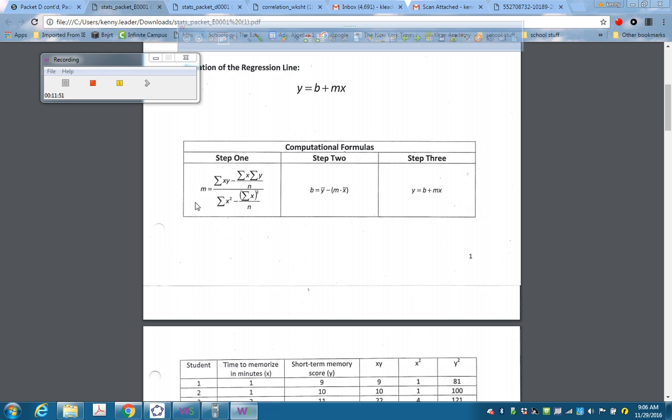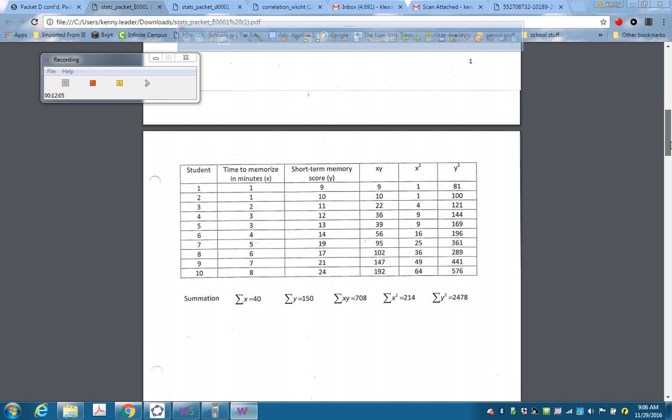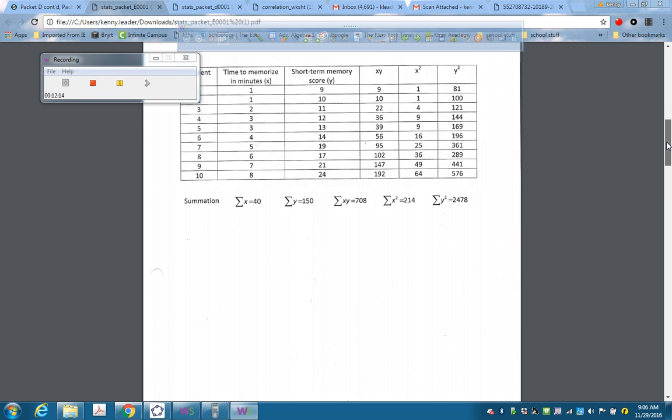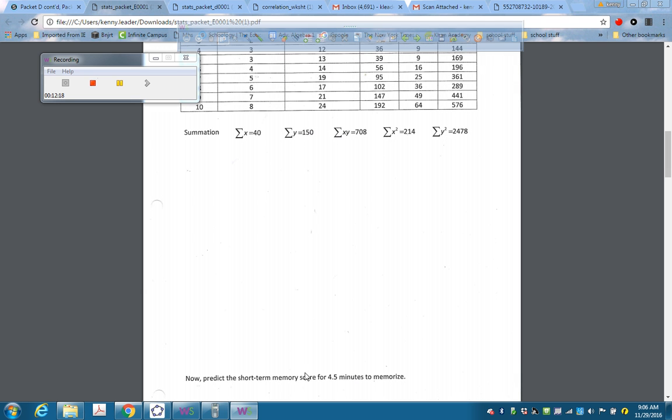We're not going to do this by hand. We did R by hand because it was a good experience, but it's kind of complicated. I'm going to show you how to find the regression line on your calculator.